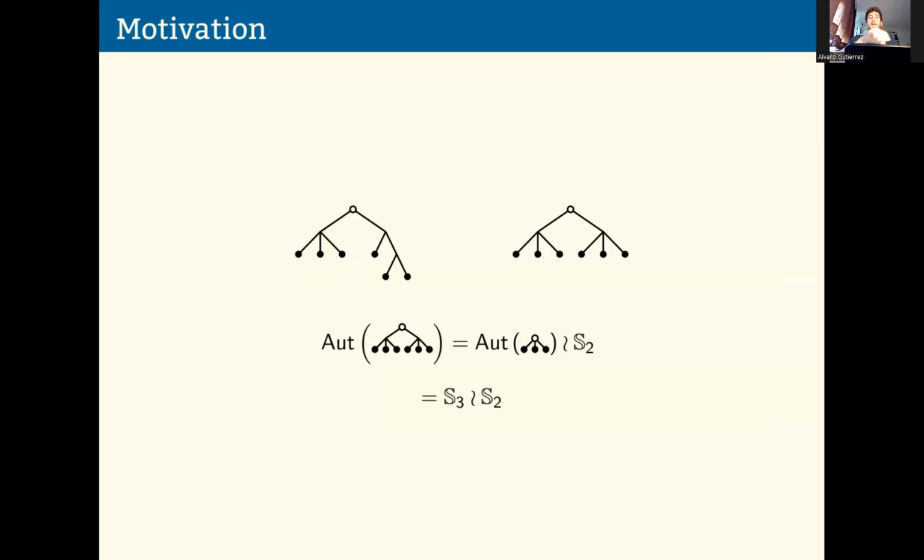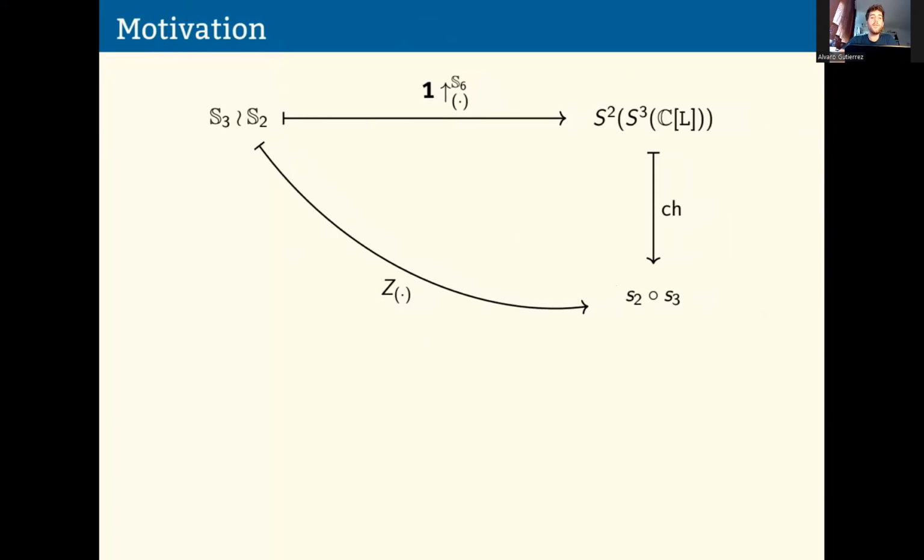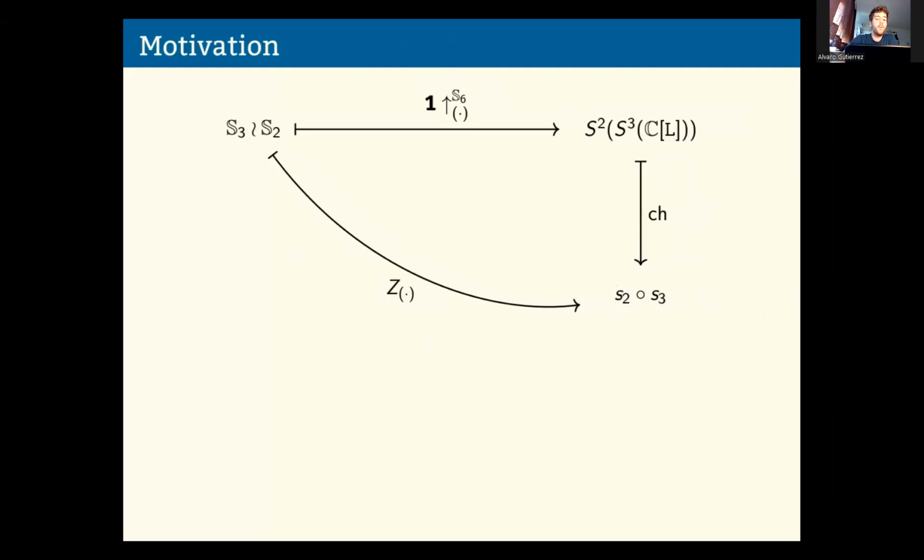Okay. Now, in representation theory, we normally look for more structure. So right now we can study these trees with some groups, which is this left world. But in representation theory, we like studying groups with vector spaces.